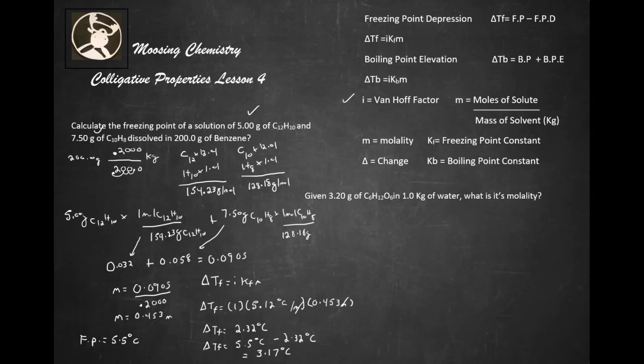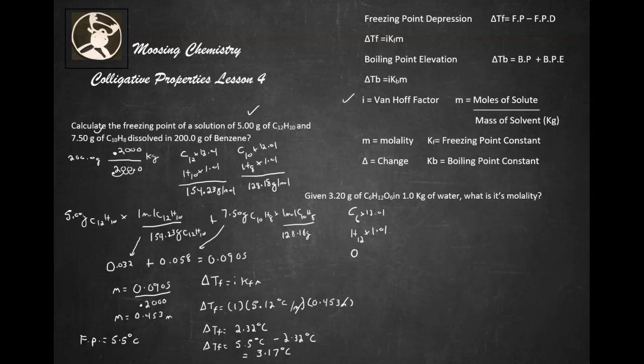Given 3.20 grams of C6H12O6 and 1 kilogram of water, what is the molality? First of all, we need to know the molar mass of C6H12O6. It's glucose, so it's going to be pretty easy. You get 12.01 here from the periodic table. Then your hydrogens, you got 12 of those, and that's 1.01.